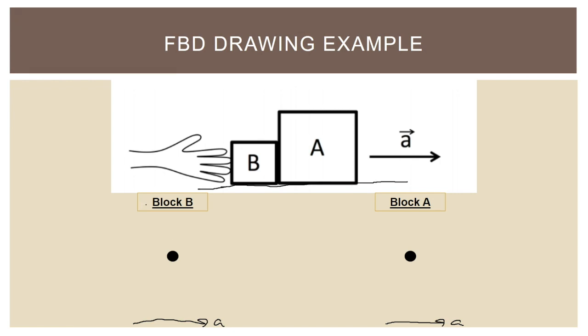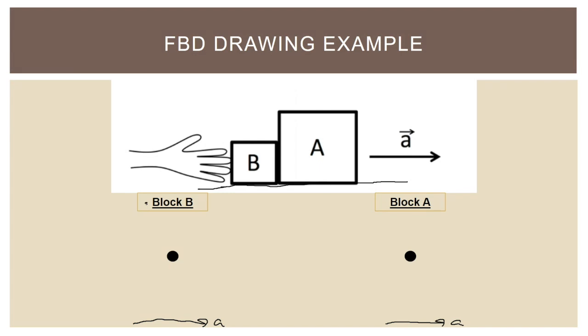So let's start over here with block B. If we want to figure out how many forces are supposed to be shown in this particular diagram, what we need to consider is how many objects block B is interacting with. And by my count, there are 4 objects that block B is interacting with.